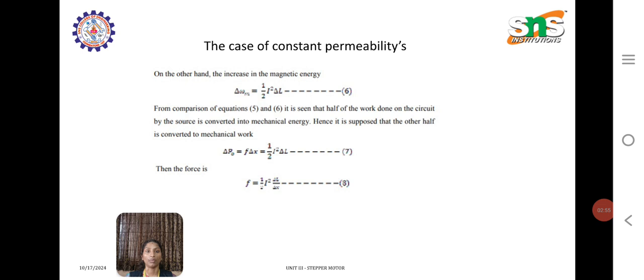This equation is very simple compared to infinite permeability, where we would have many parameters like magnetic field intensity, mu naught and air gaps. Here we directly substitute the flux linkage value into the EMF equation, which in turn is converted to magnetic energy, and finally we have derived the force equation.